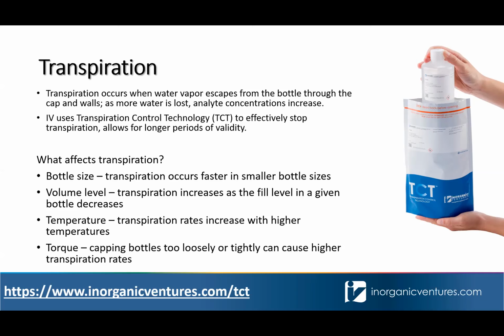So what we've done to prevent this is the use of a transpiration control technology bag, this TCT bag shown in the picture. So what happens here is it's an aluminized overpackaging that creates a microenvironment for that equilibrium to be established for transpiration. So what this gives us is the ability to put a 4-year lot expiration on our materials.